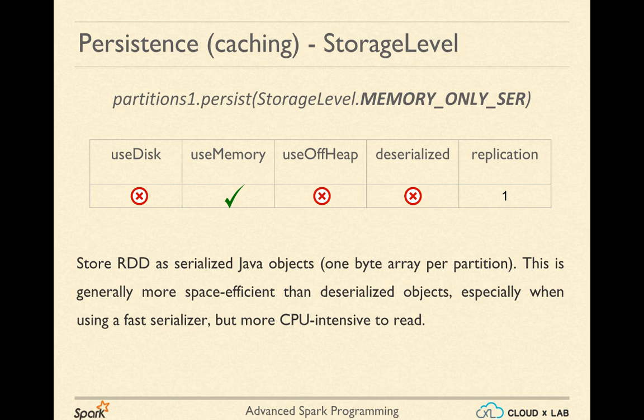It stores RDD as serialized Java objects, 1 byte array per partition. This is generally more space efficient than deserialized objects, especially when using a fast serializer, but more CPU intensive to read.